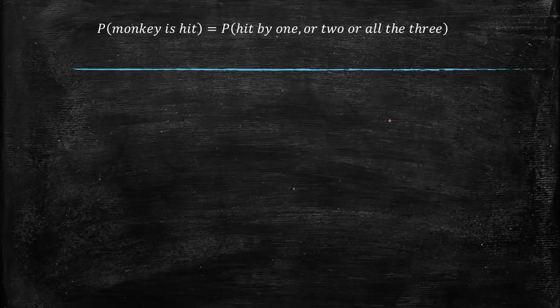And then we add the probability that the monkey is hit by the 3 bullets. So since we already had our answers, we're going to add 26 out of 60 plus 9 out of 60 plus 1 out of 60. And what do we get when we add?